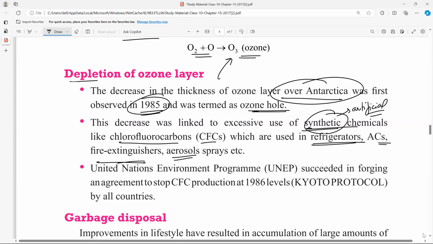The United Nations Environment Programme, UNEP, succeeded in forging an agreement to stop the CFC production at the 1986 level. Since then CFC is not being used, and in India it is also banned now.